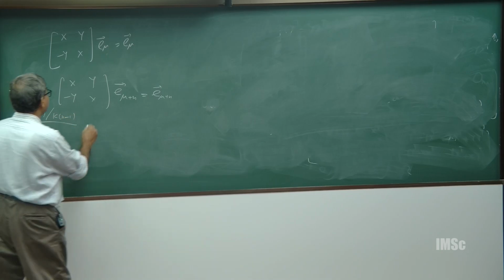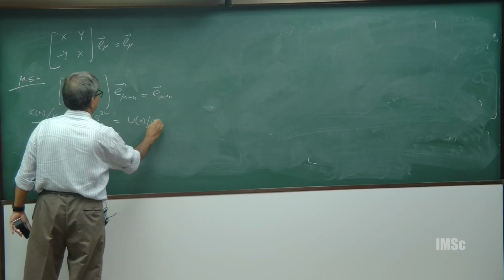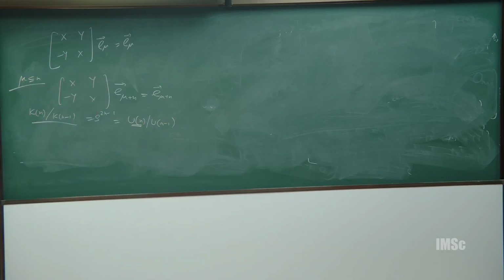That is why we say this is equal to S2n minus 1, and this is also the same as Un. The same argument applies here, because this is also the maximal compact subgroup of this Sp2nR. Otherwise, it will not act transitively.